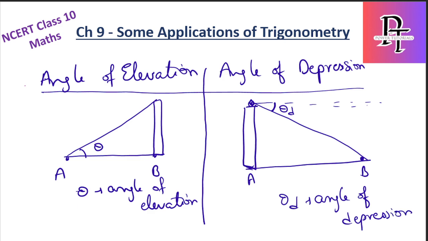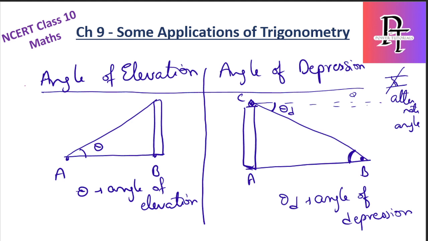As per parallel lines, if a line intersects both of them, then this angle and this angle will be equal. Those are alternate angles. Hence, angle OCB will be equal to angle CBA.